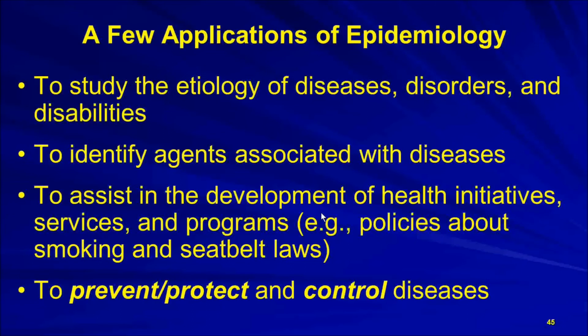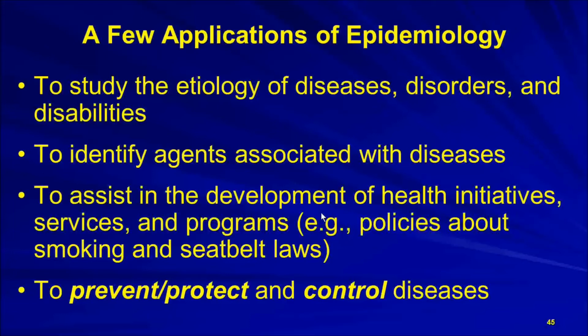Now, when I continue to look at the next slide before we get on to those key terms, people say, well, what do you do with it? And really, what we're talking about, we want to look at the origin of disease and what causes it. And there's all kinds of words we use to talk about etiology.